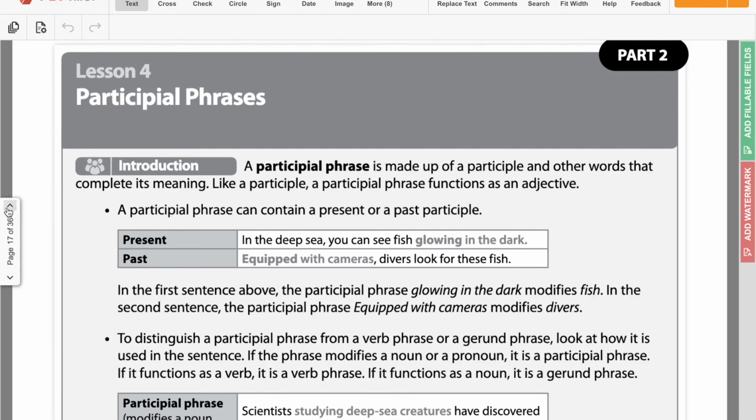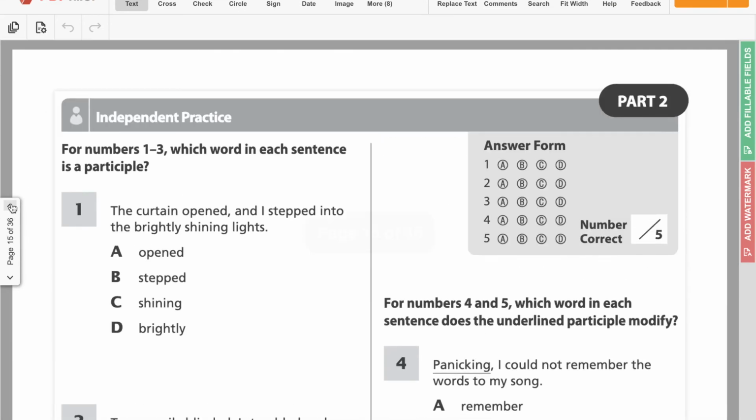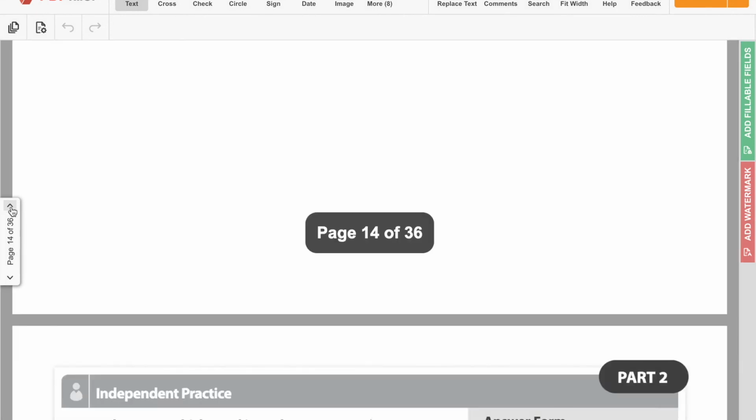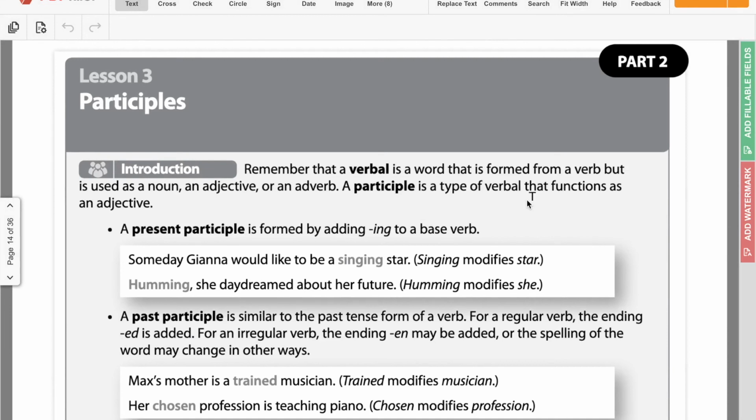So if we go back, we know that a participle is a type of verbal that functions as an adjective. So, that is, the verbal is what? A verbal is a word that is usually a verb, but it's being used as either a noun, adjective, or adverb.